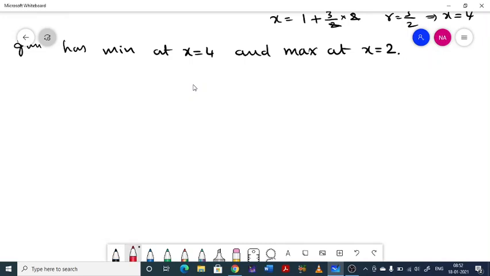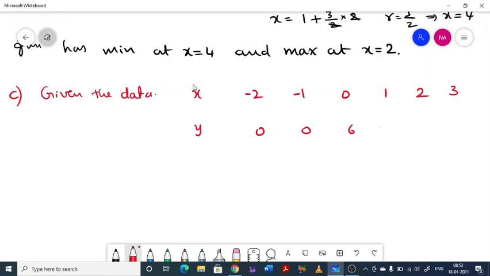Problem C, given the data, the values of x are -2, -1, 0, 1, 2, 3, and the values of y are 0, 0, 6, 24, 60 and 120.